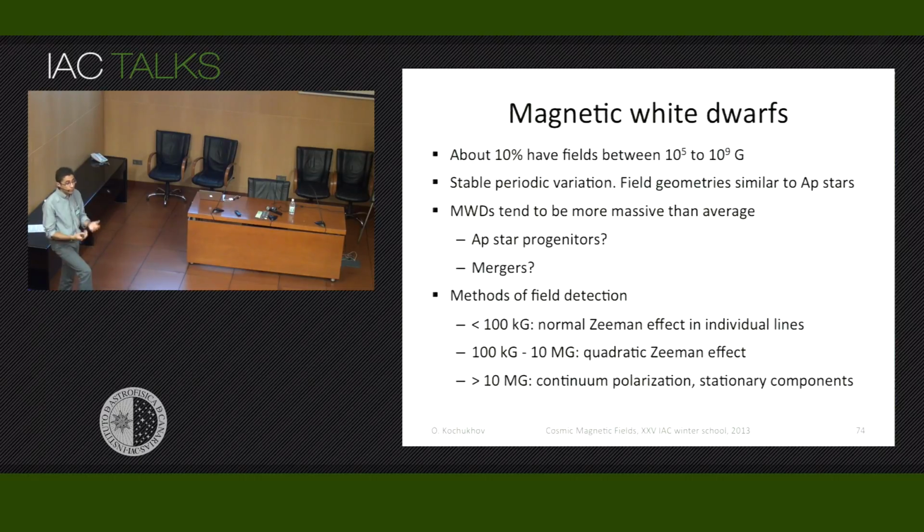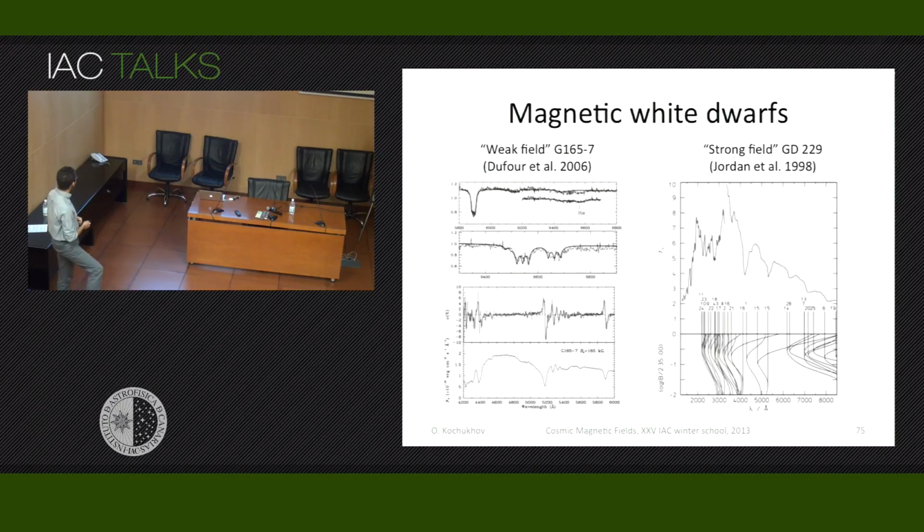So the entire spectrum of the star, the entire atom, has to be considered in complete quantum mechanical calculations with the magnetic field. It's not like each line is nicely splitting into Zeeman components.